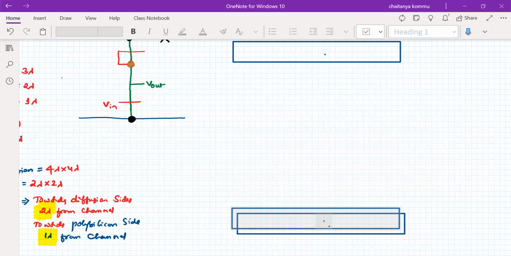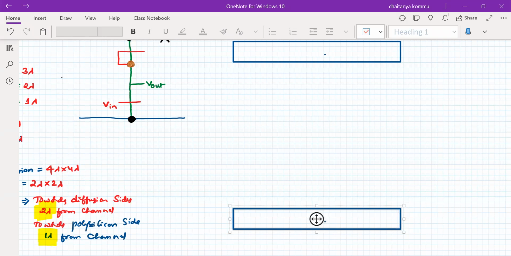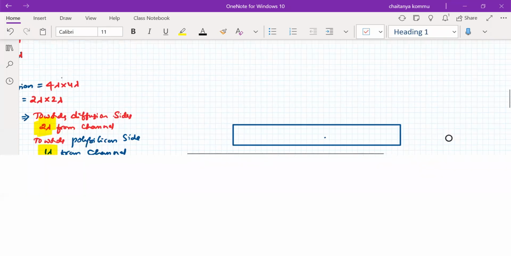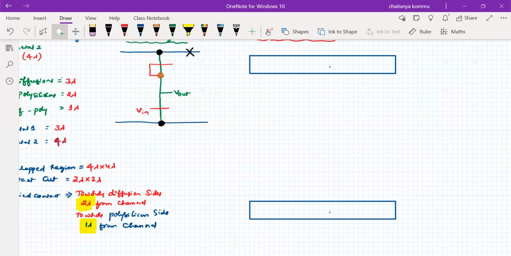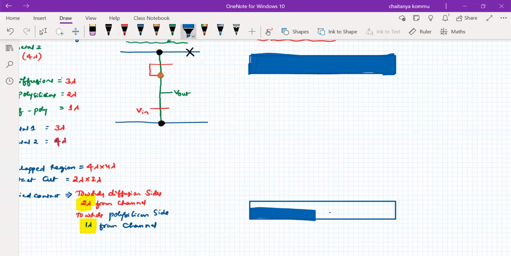Please carefully think about that. So therefore, this is the metal line. For the sake of simplicity, I'm using the hash lines only. Okay, you can fill the color, or maybe you can use the hash lines also. So I think better I have to take this one. So okay, this is the one.